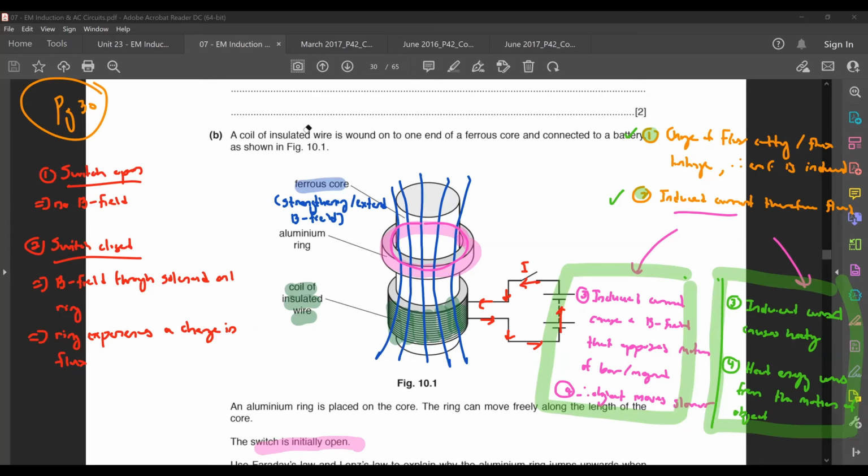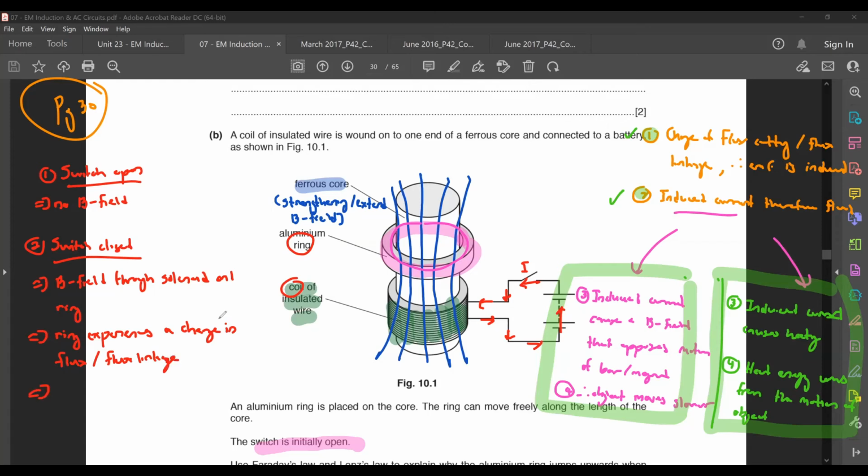Previously, when you have no current, you have no magnetic field through the ring, so your magnetic flux linkage is 0. But now once you close the switch, current is flowing through the solenoid or the coil. It causes a magnetic field, and the magnetic field extends all the way through the ring. So your aluminum ring experiences a change in flux linkage.